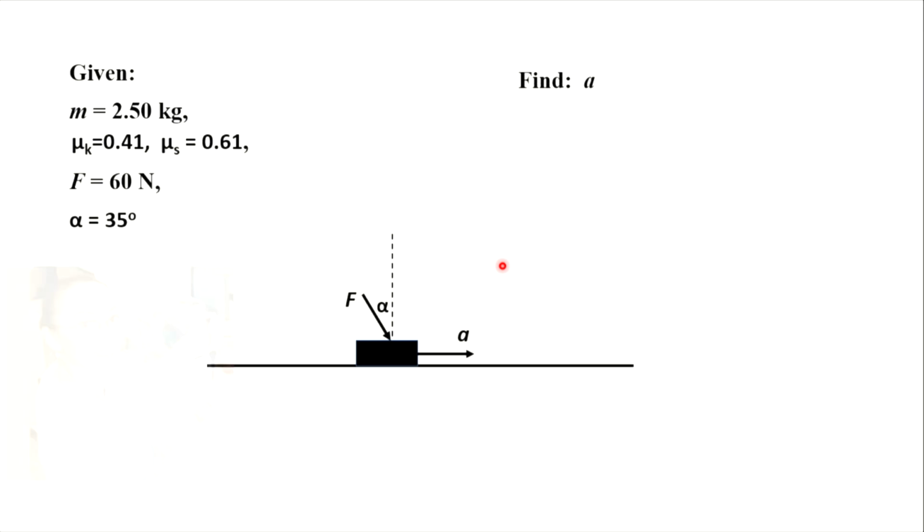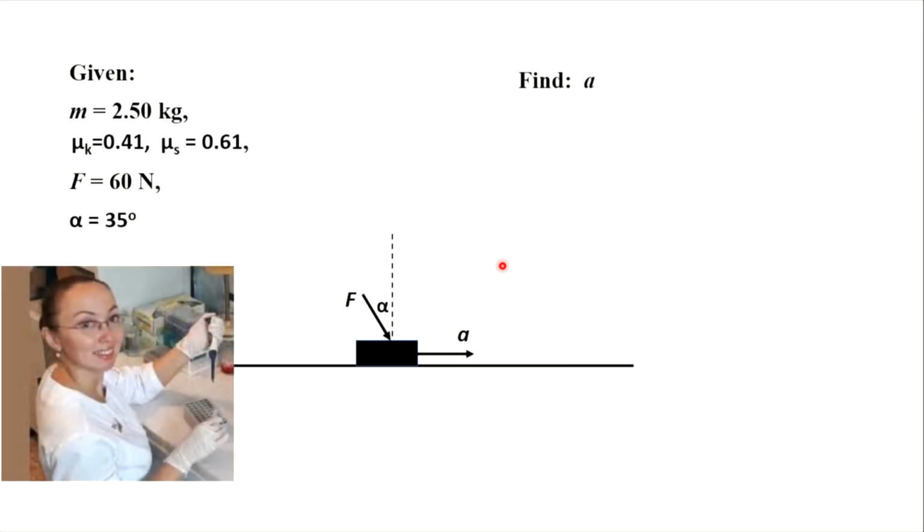One of my students, her name was John, suggested the following solution of the problem. She considered the scenario when the block moves along the surface and analyzed the forces on the block.